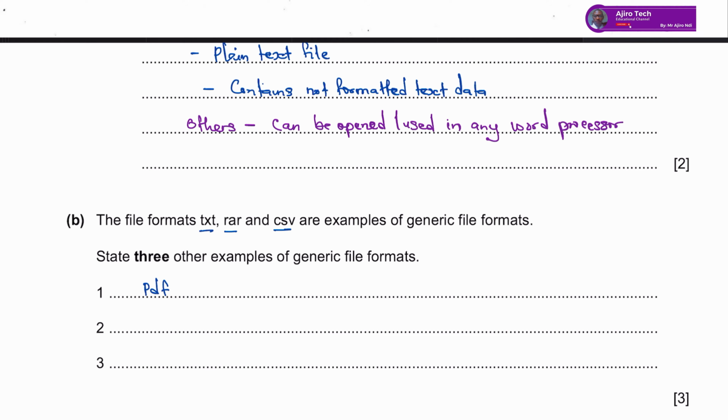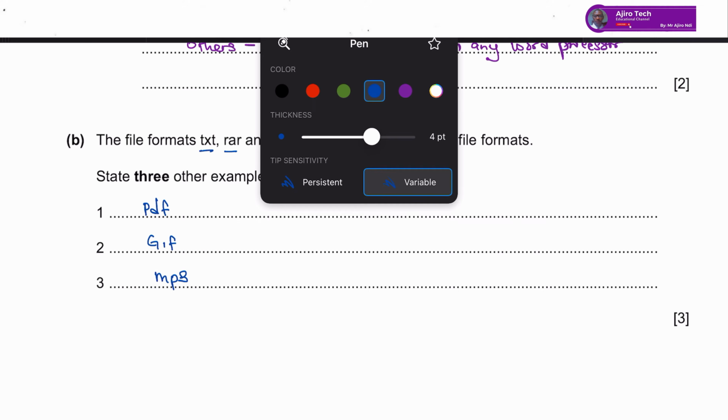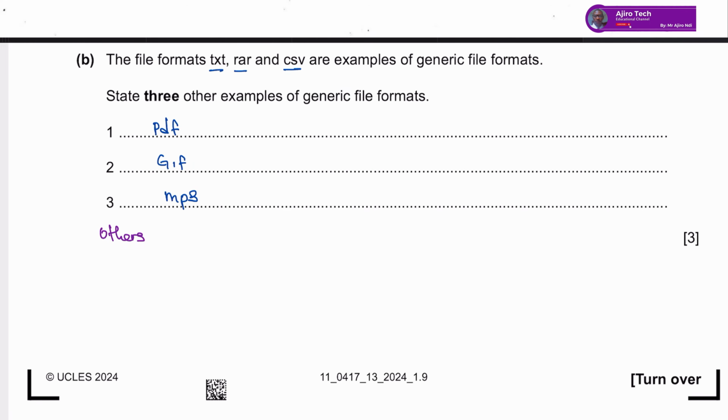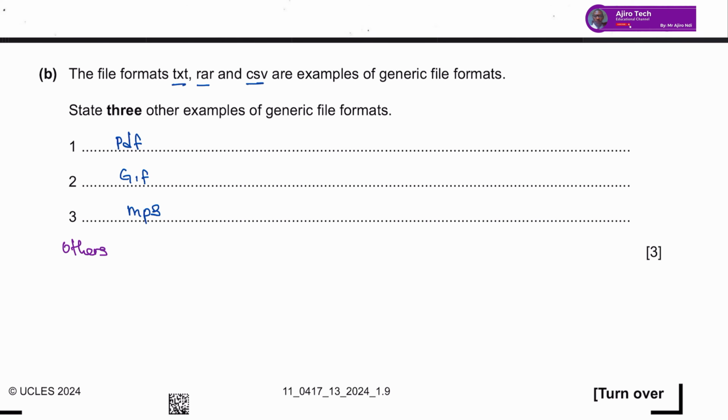So I have the GIF. I have MP3. So let's look at others. I'm going to do this because I want to put them in a straight line.